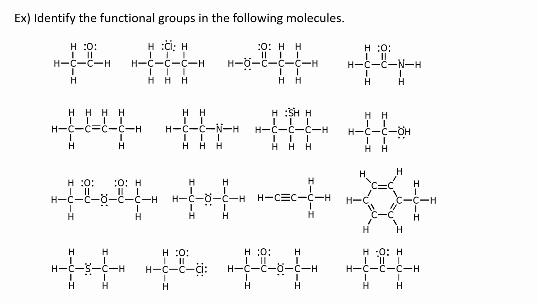All right, hopefully you've had a chance to identify the functional groups present in each molecule. So let's go through and see what we have. In our first molecule, we have a carbonyl next to a hydrogen. That's an aldehyde. In our next molecule, we have a carbon attached to a halogen atom. No carbonyl. This is an alkyl halide or a haloalkane.